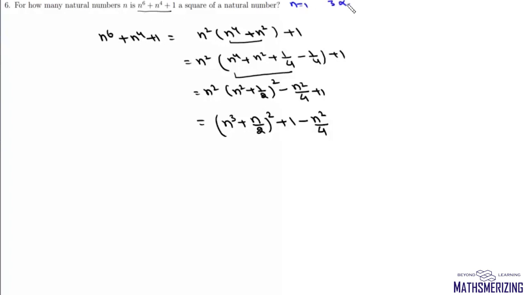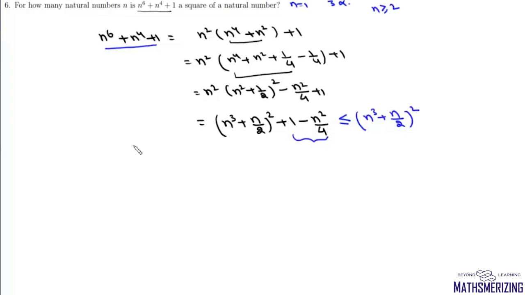Now we know that if we take n as 1, we'll get this expression as 3, and it is not a square of a natural number. So that means this n has to be 2 or greater than 2. If n is 2 or greater than 2, then 1 minus n square by 4 will be a negative number. So we can say that n to the power 6 plus n to the power 4 plus 1 should always be less than or equal to n cube plus n by 2 whole square, because this expression will be either 0 or less than 0.